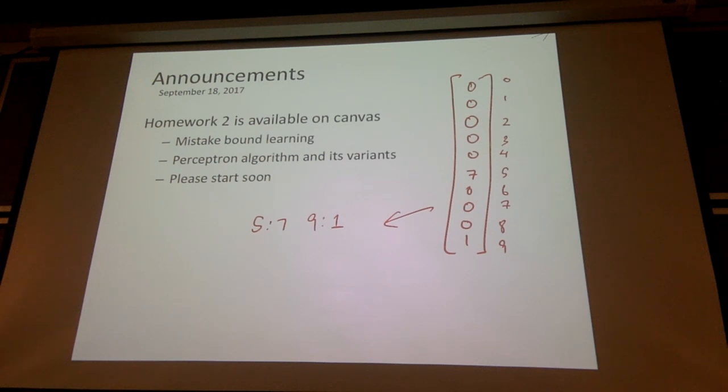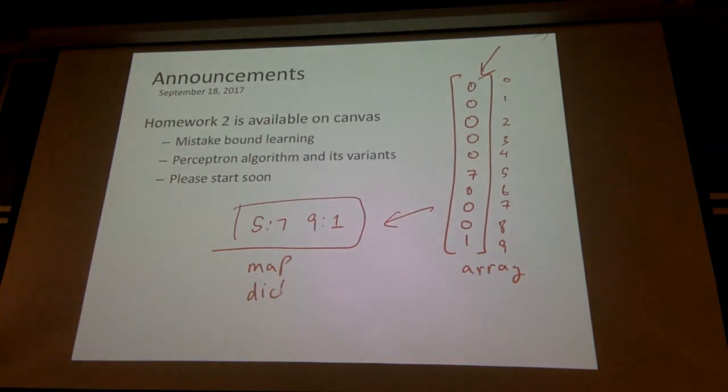When you're implementing your algorithms, one of the decision choices you might have to make is, do you want to store in memory the entire vector like this, or only the non-zero entries like this? For example, if you choose to store the entire vector, this could be an array, or a NumPy vector. This could be a map, or a dictionary.